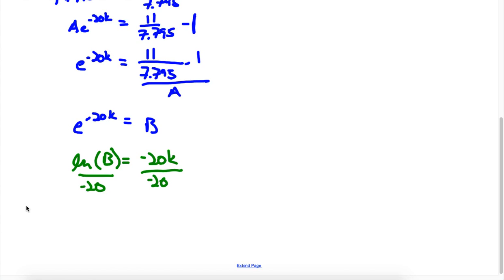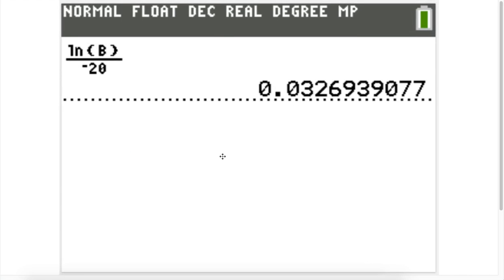And we can put natural log of B, of that 0.52 value over negative 20, into the calculator. And we'll get this for my k value, 0.03269399077. So again, this is an intermediate value.